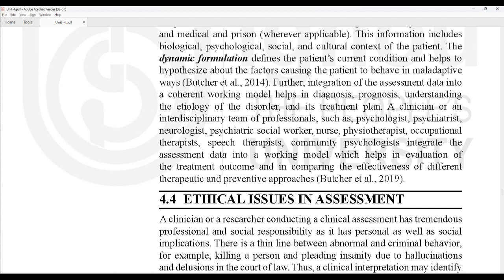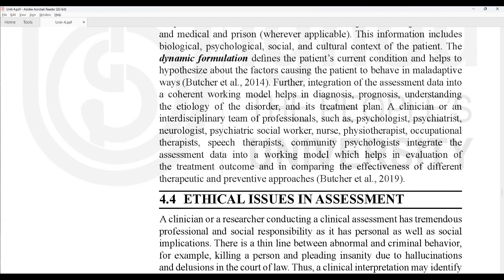Further, integration of the assessment data into a coherent working model helps in diagnosis, prognosis, understanding the etiology of the disorder, and its treatment plan.